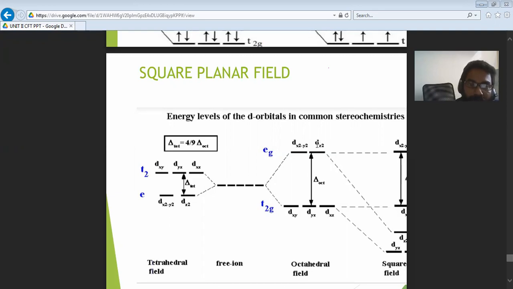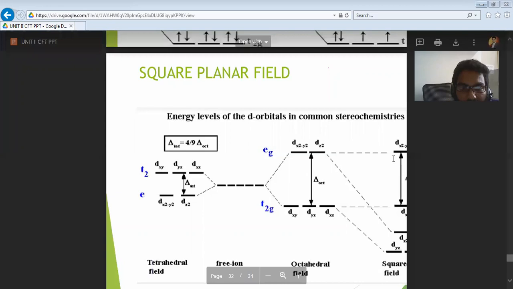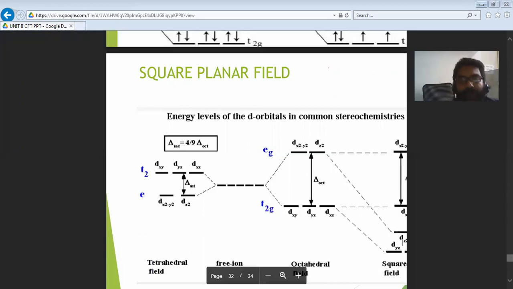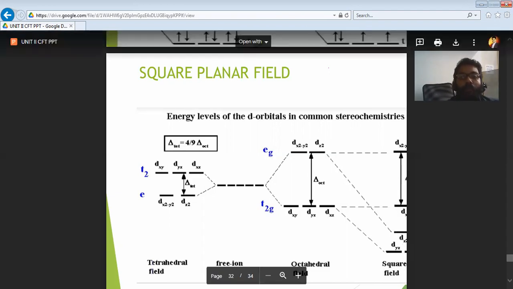That's why the z orbitals, dz square, dxz, and dyz, settle in lower energy. The reason is more attraction between ligands and orbitals. This is dz square, this is xz, this is yz.